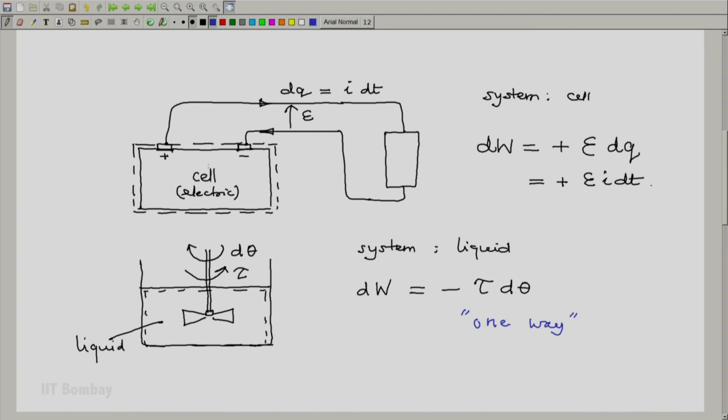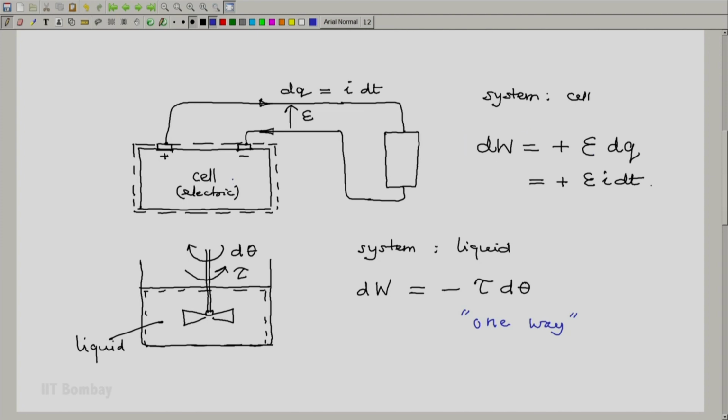The cell will be doing work on its surroundings, which is say the mobile phone. Whereas I can connect this to a charger to charge it, in which case the current will be in the opposite direction, but the direction of the potential will remain the same. So dq will be negative, E will be positive, so work done by the system will be negative.